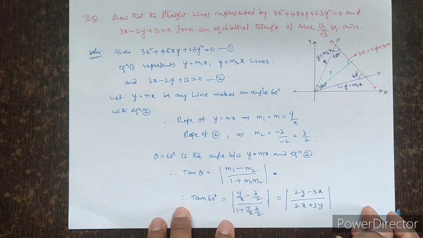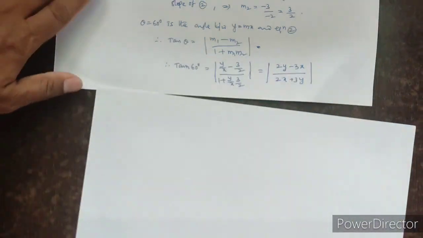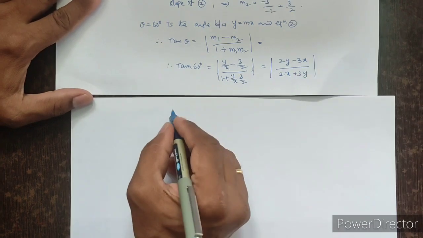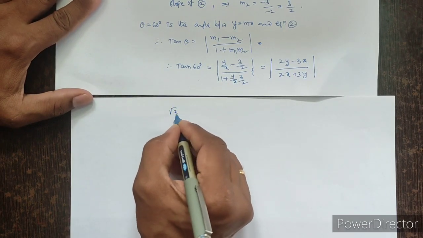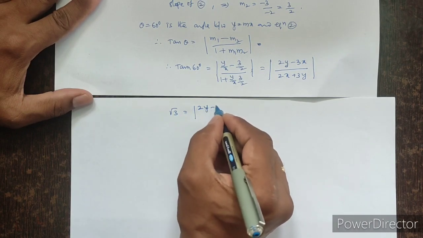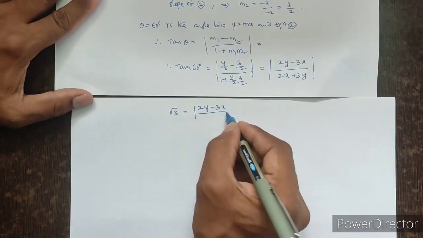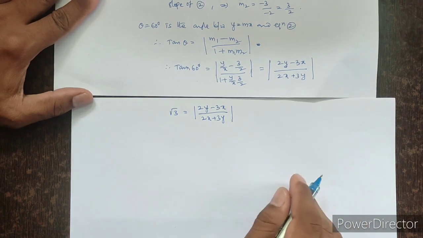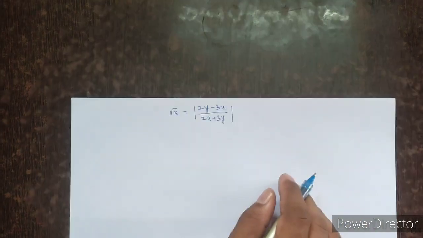So tan 60 equal to 2y minus 3x by 2x plus 3y. Tan 60 is root 3. Root 3 equal to modulus of 2y minus 3x by 2x plus 3y.